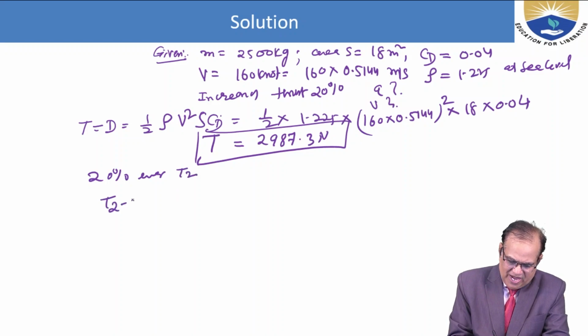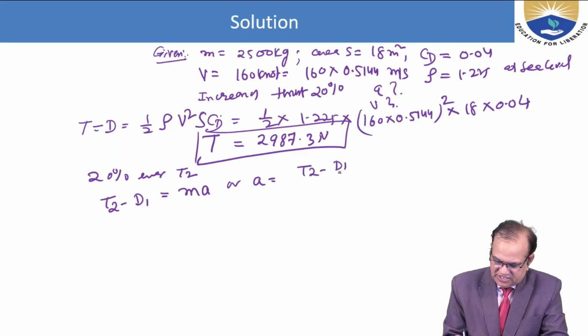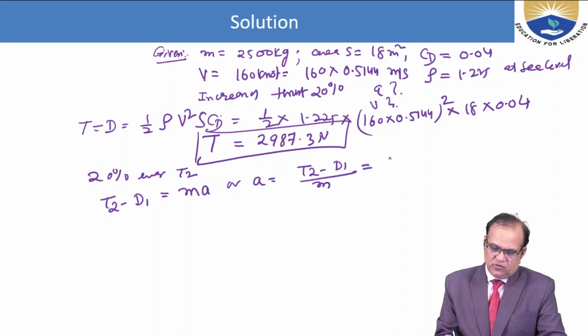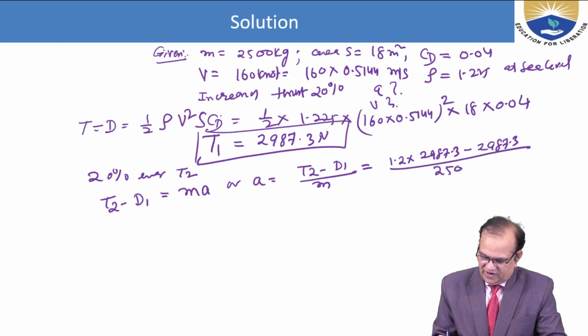So T2 minus D1 is equal to ma, or acceleration A is equal to T2 minus D1 divided by m, and this T2 is equal to 1.2 into T1, and T1 is here 2987.3 minus D1, 2987.3, because both are same, divided by 2500.